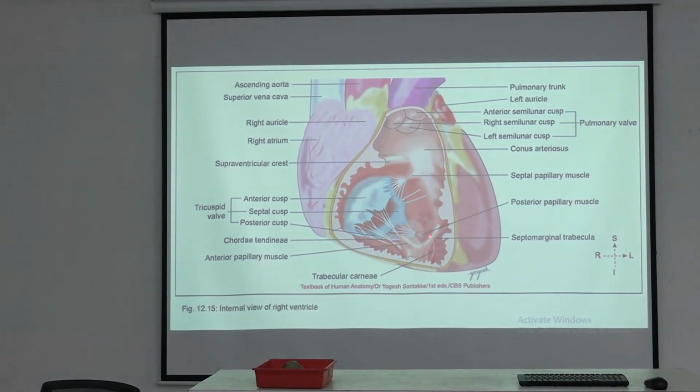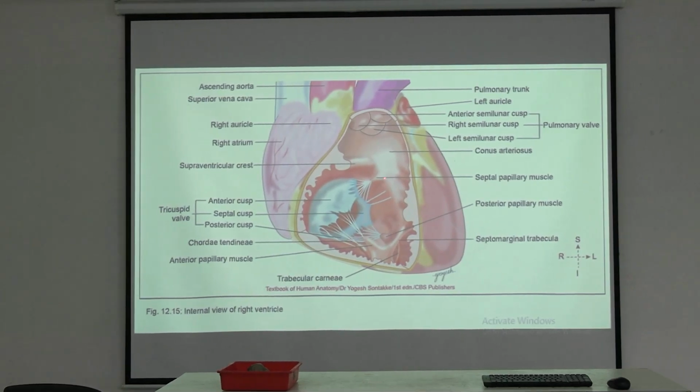Another arises from the inferior surface, which is called the posterior papillary muscle. Another arises from the septal wall, which is the septal papillary muscle. We can see these papillary muscles are conical in shape.